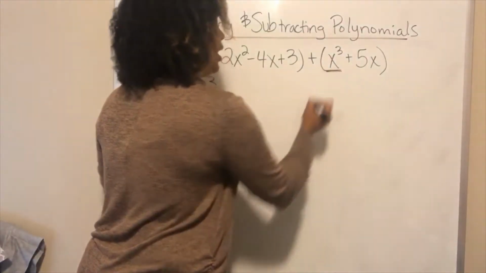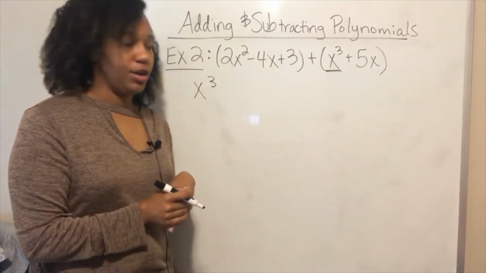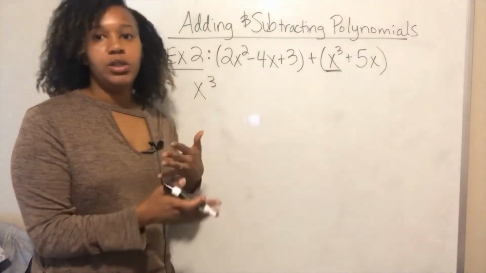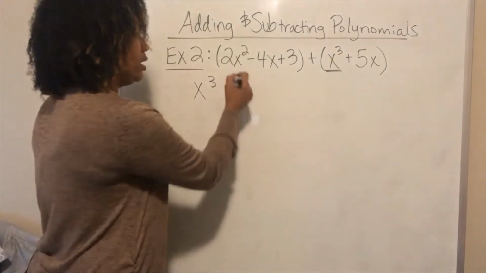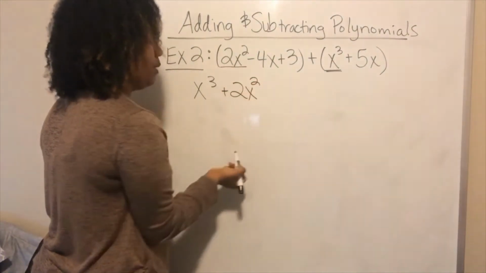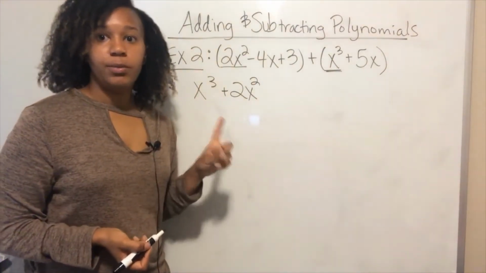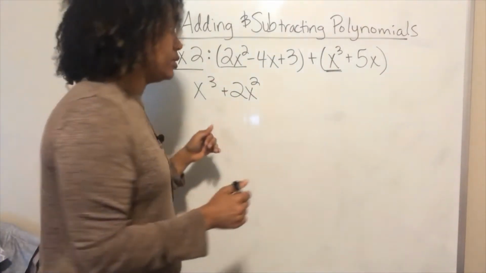I like to put a line underneath just to let myself know that I've already taken care of that term. My next exponent would be 2, so x to the second is here. This is the only term I have with the x to the second power, so I have nothing to combine it with. My next exponent would be 1. I'm decreasing my exponents.